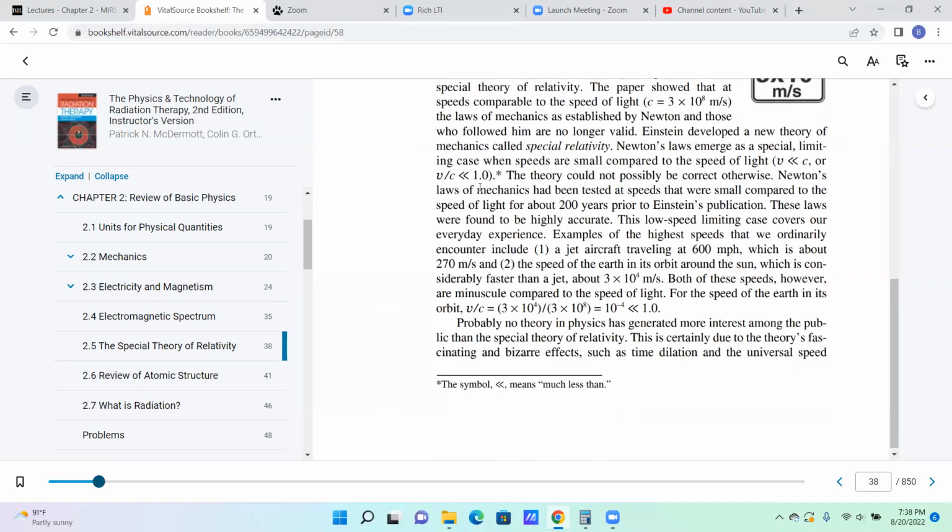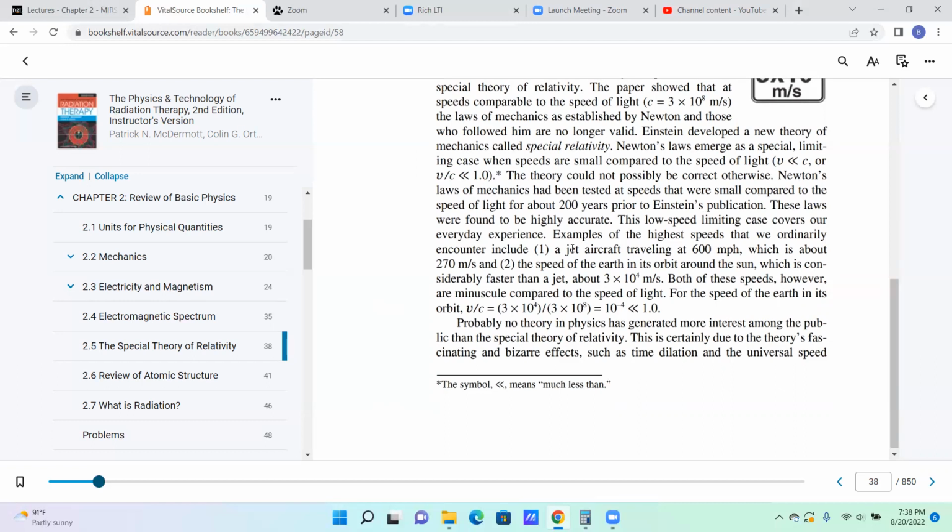In other words, if the velocity divided by the speed of light is much less than 1, generally anything around a tenth of the speed of light or so will still be approximated pretty well by Newtonian mechanics. You start getting above that, then Newtonian mechanics starts to break down.